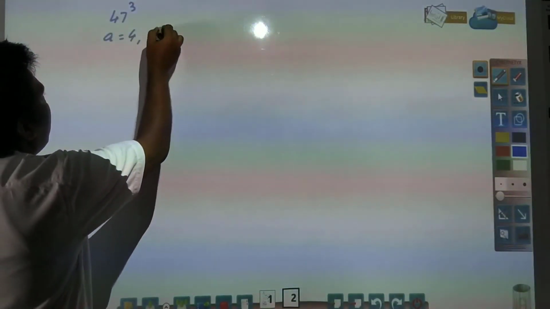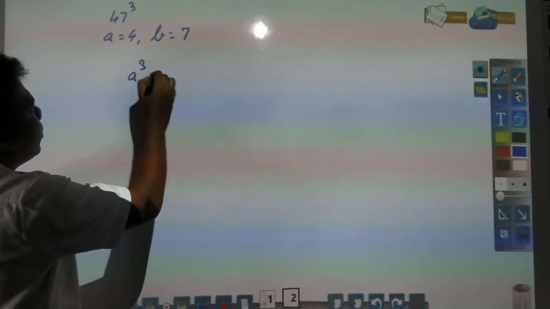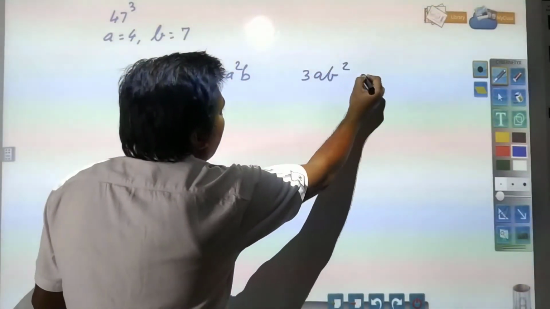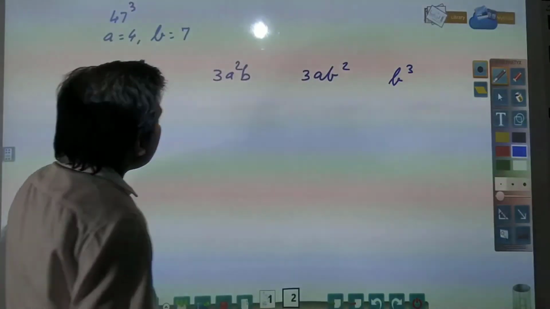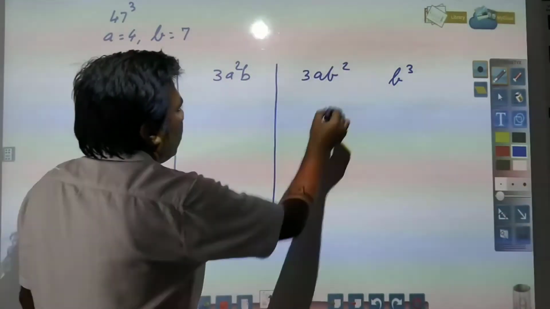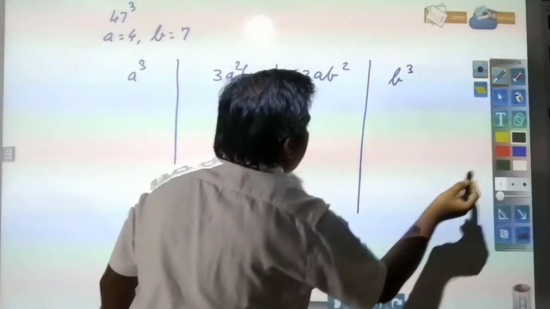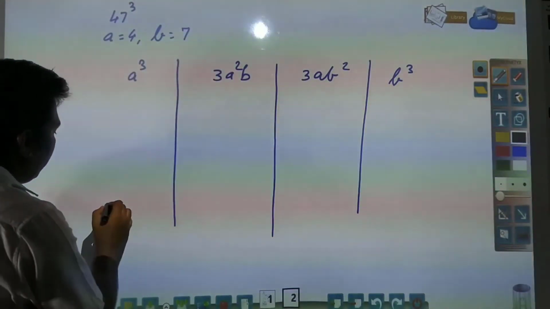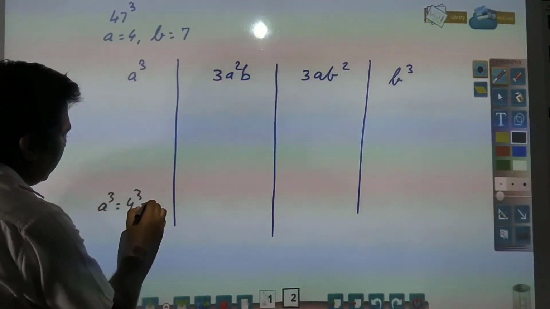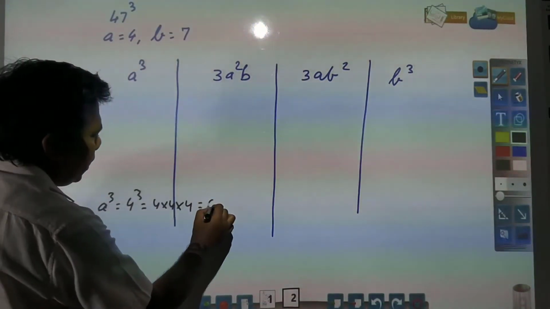A is equal to 4 and b is equal to 7, and here we will write a cube, 3a square b, 3ab square and b cube. Now we need to find out first a cube. So a cube will be equal to 4 cube, it means 4 into 4 into 4, it means 4 fours are 16, 4 sixteens are 64.